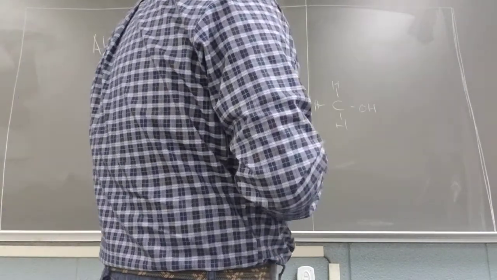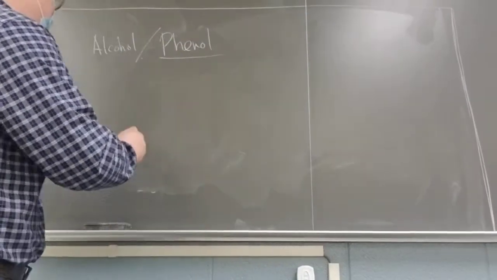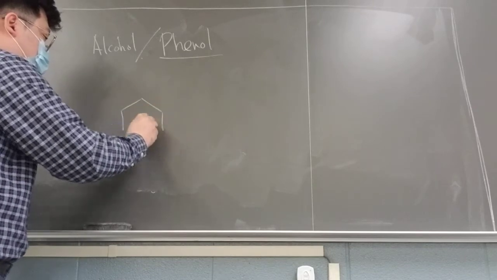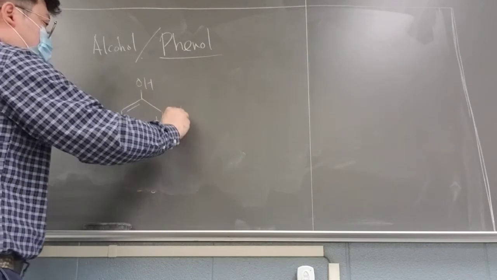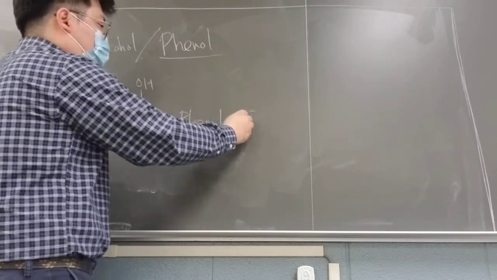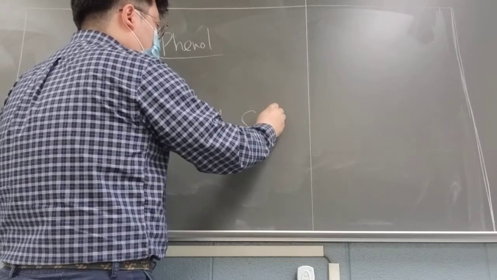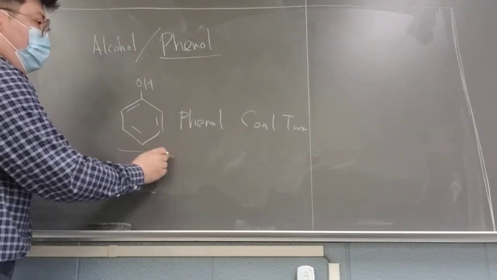There is also this one, which obviously is quite common. Once again, this is phenol. This is usually in the coal tar, so you can assume this is very common in plants.